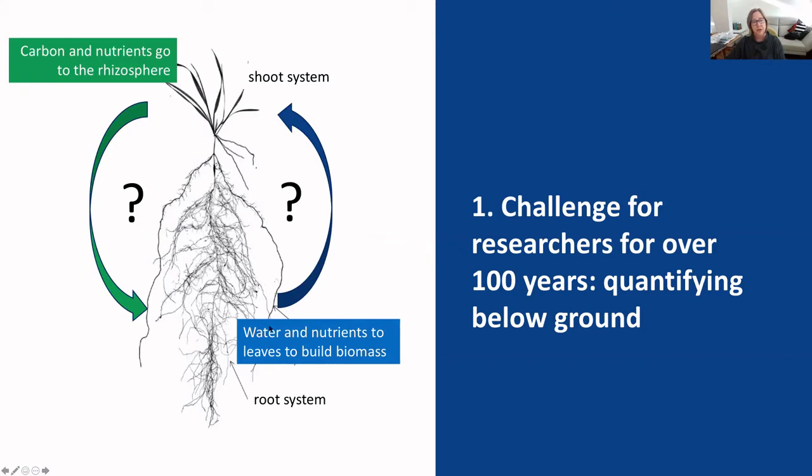And in turn, approximately a few hundred water molecules are required for each carbon that's actually fixed in photosynthesis. And the water and the nutrients, particularly the nitrogen to build rubisco in the leaves, moves from roots up into the shoots. And we have quite a poor understanding of the quantification of these 2 fluxes.